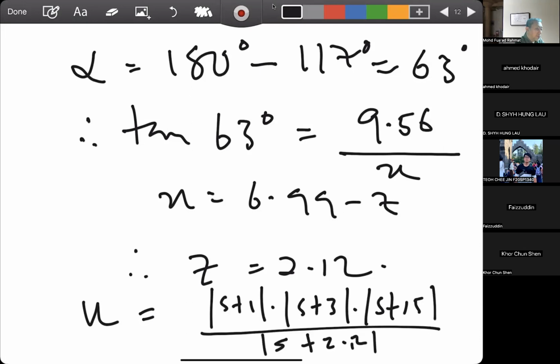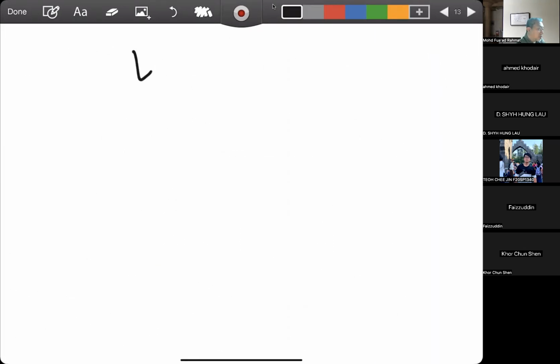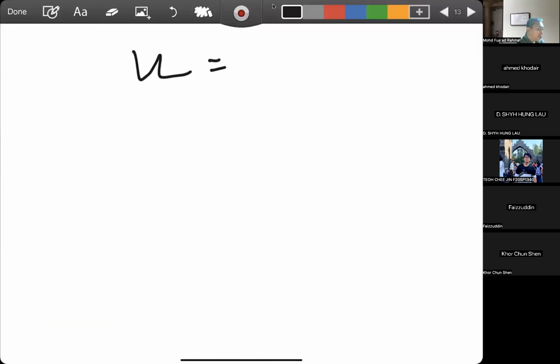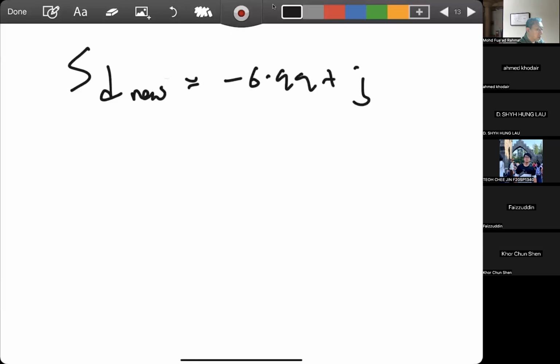Okay, then you insert the value there, the dominant pole value, which is minus 6.99 plus j. So k will be 135.8.